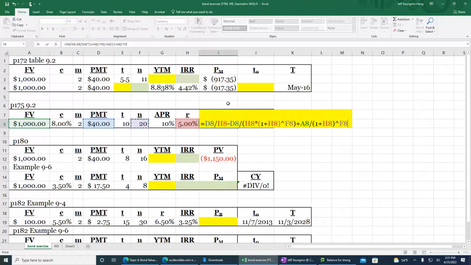The clue is, coupon rate is 8%, and the coupon rate is less than the discount rate. So it should be a discount bond, right?